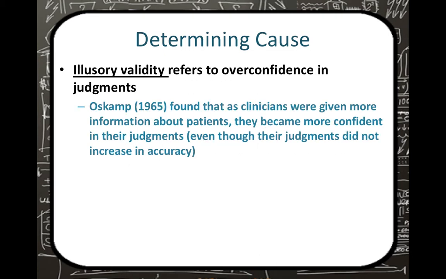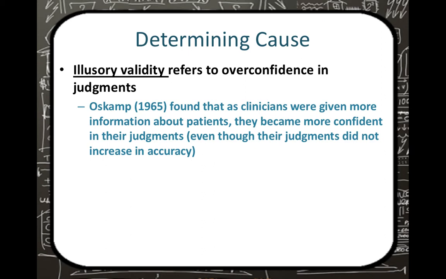Now, illusory validity, again, that illusory word, the illusion of validity, refers to the overconfidence in judgments. Right? So both professionals and non-professionals place great confidence in their conclusions about most life events, even when their confidence is objectively unwarranted, right?